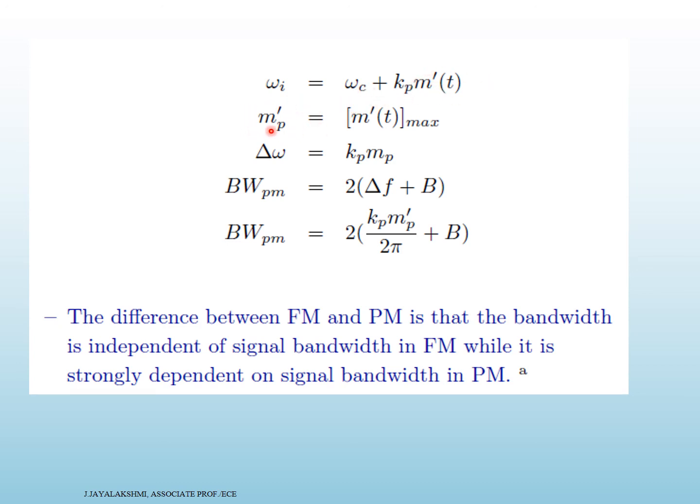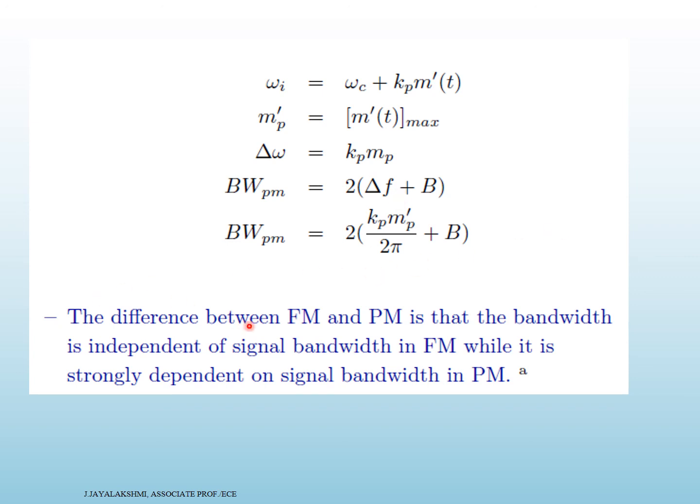The phase modulated signal is taken at the maximum value of the modulating signal. Del omega is kp into mp dash, where the bandwidth of the PM, that is your phase modulated signal, is twice del f plus B, or it is kp mp dash by 2 pi plus B, whereas in FM we had kf into mp divided by 2 pi. Here it is kp into mp dash by 2 pi plus B.